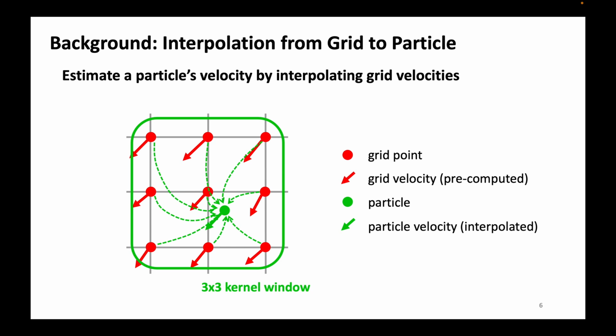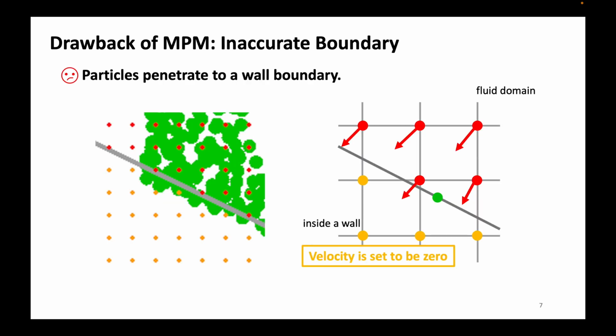However, as I showed in the result preview, this interpolation scheme has a drawback that particles penetrate the wall boundary. Let me show you what's happening here. In the naive MPM, grid point velocities are set to 0 if they are inside a wall.